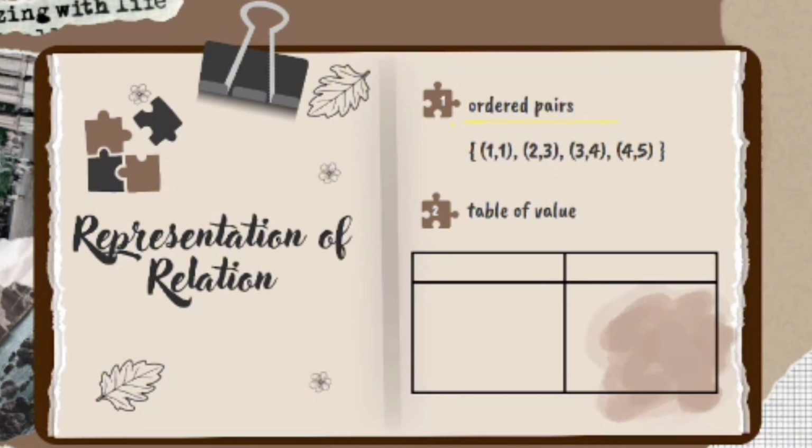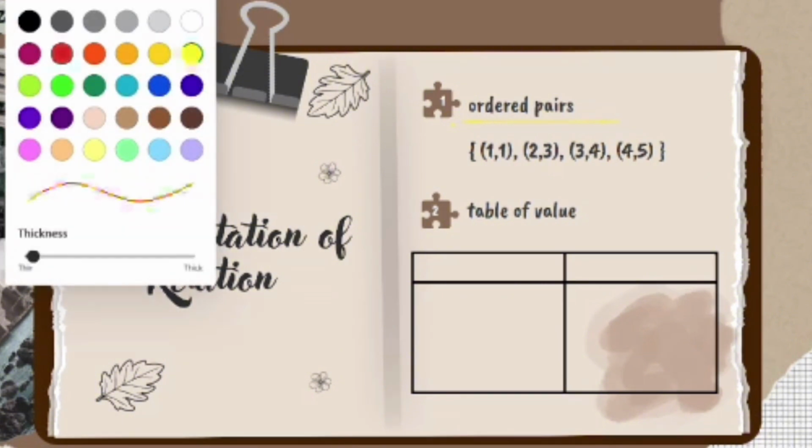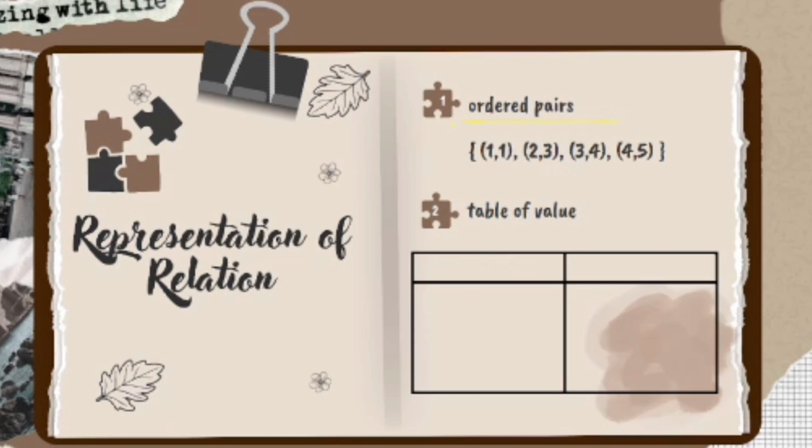The second representation is the table of values. We can see a vertical table of values. X values are your domain and Y values are the range. The X values are 1, 2, 3, and 4, and the Y values are 1, 3, 4, and 5.